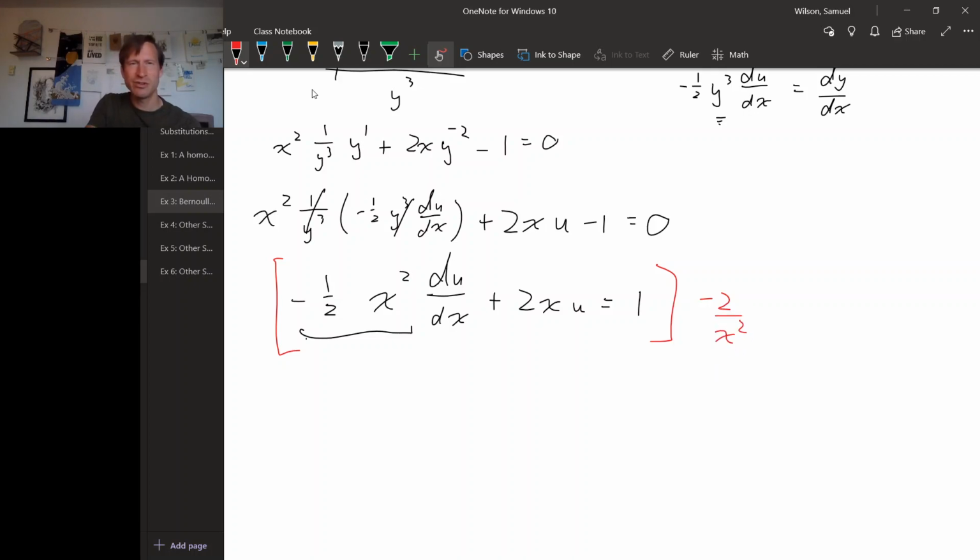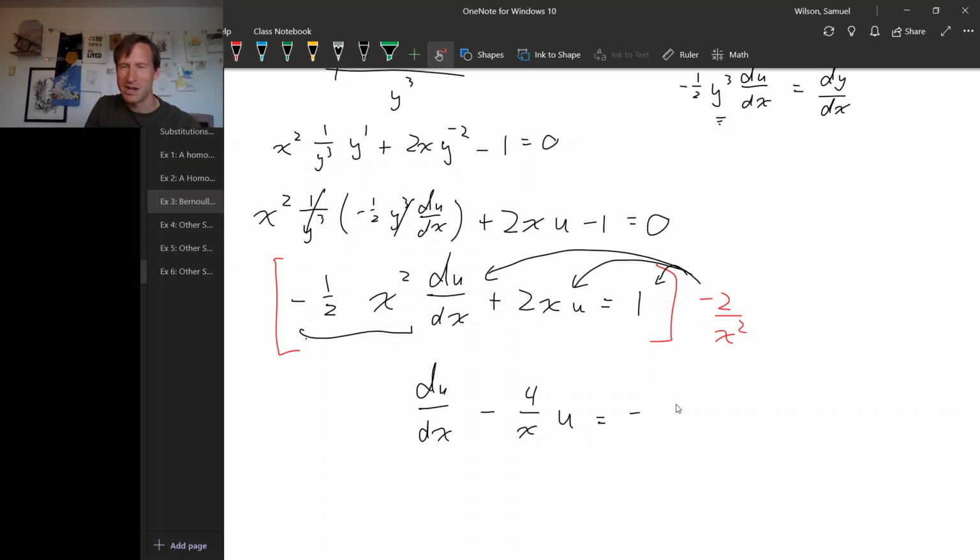So we get du/dx, and then distribute this. When we distribute that over to there, it cancels the minus 1/2 and the x squared. When we distribute it to our u term, we get minus 4 over x times u. And when we distribute it to the right-hand side, we get minus 2 over x squared.